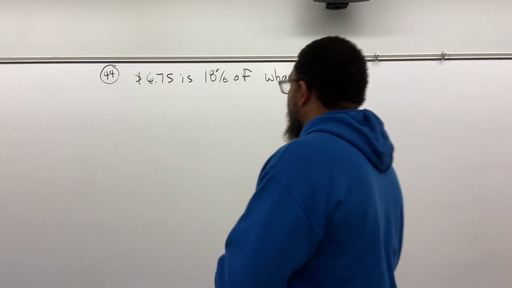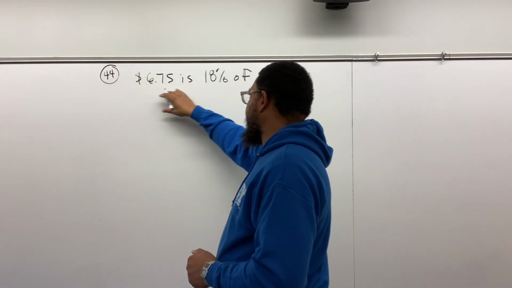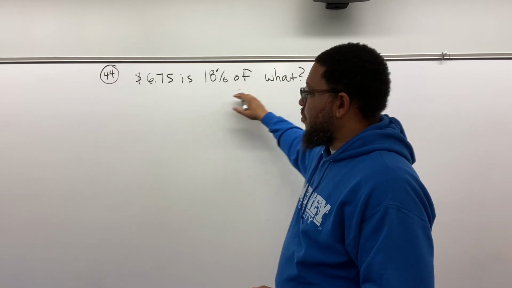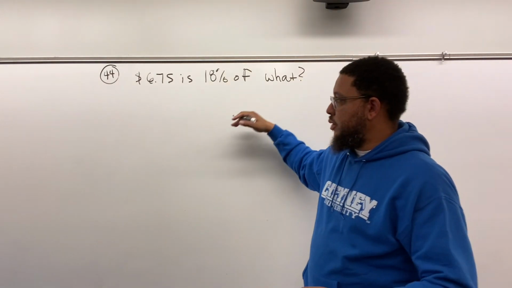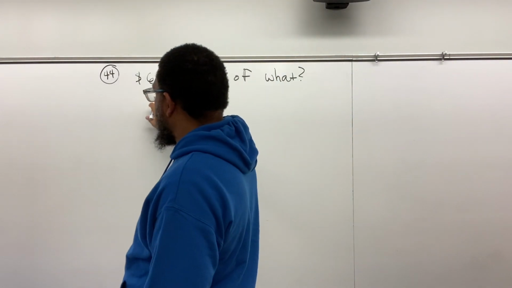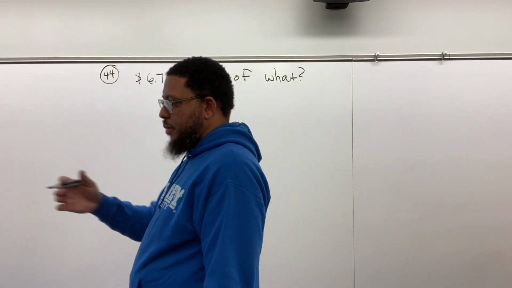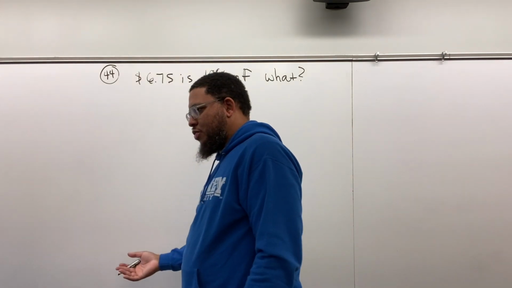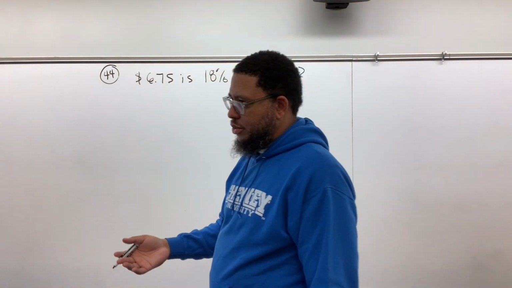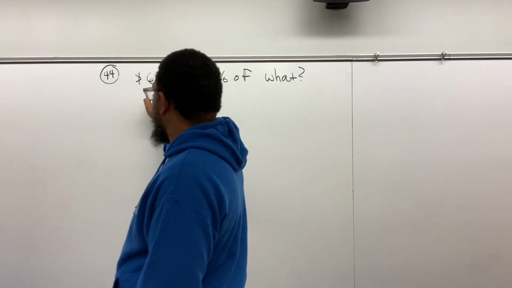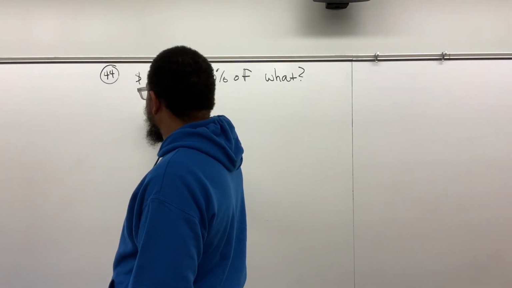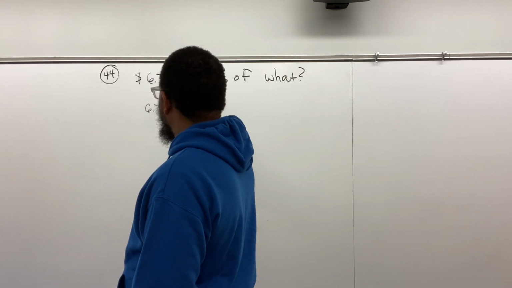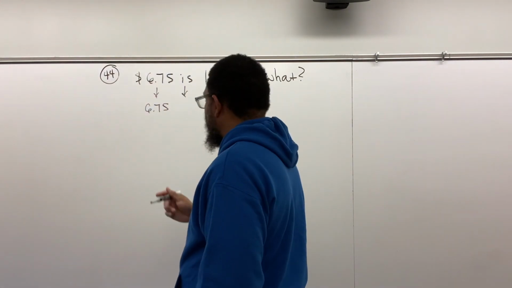All right. So again, this is English language, and we're gonna go from English language to math language. So this stays the same, right? Just like in Spanish, no means no, in English, no is no, right? So sometimes it's the same, all right? So this becomes 6.75. What does the word is become? Equal sign, right?